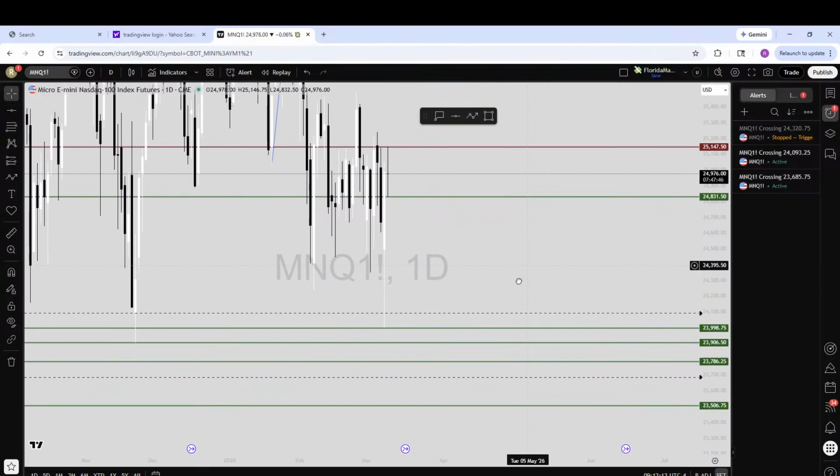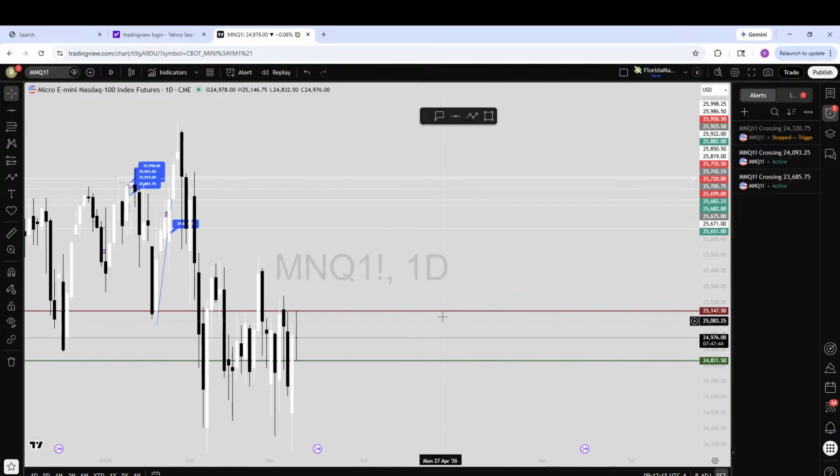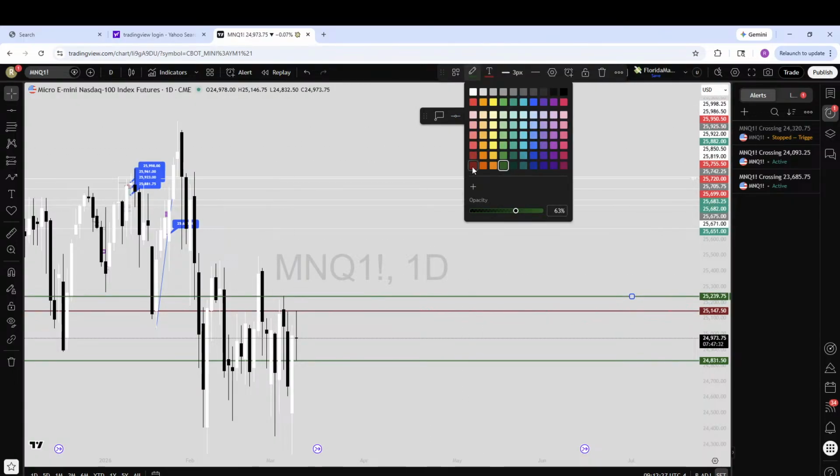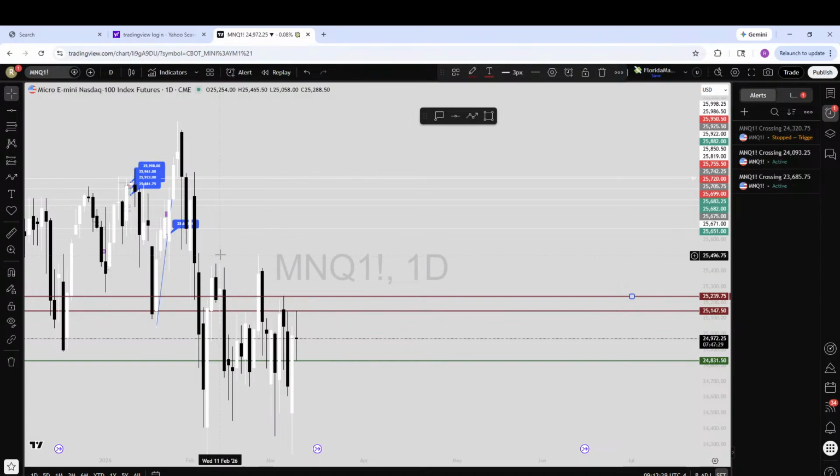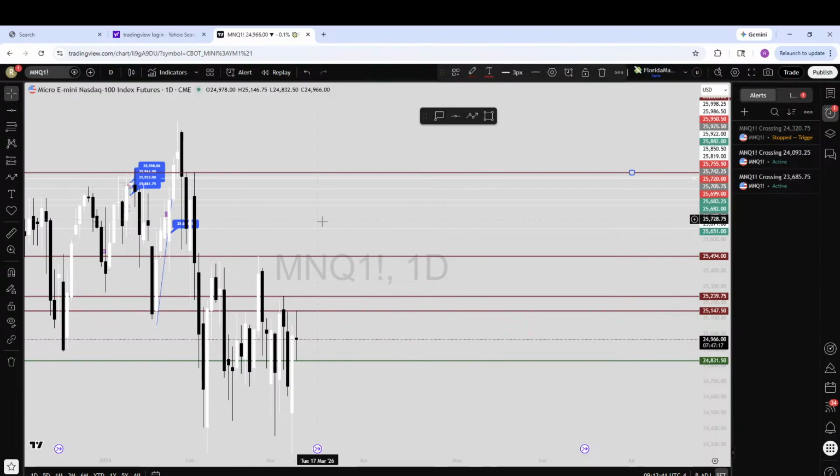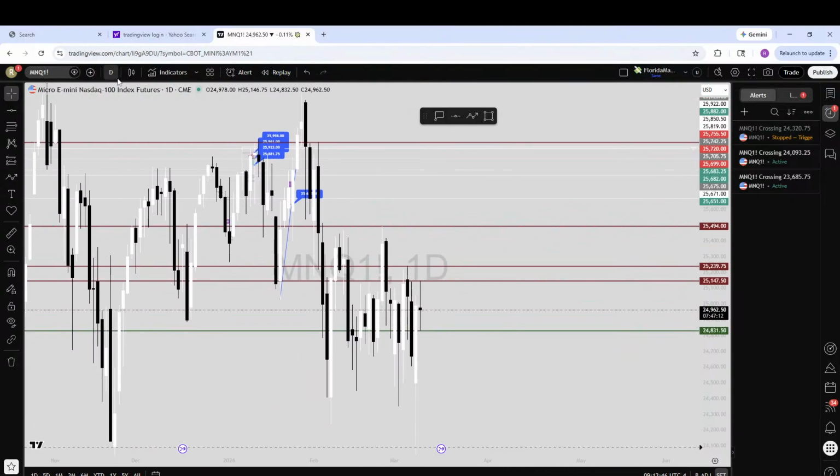Okay, let's look for a previous high, change that to red, another previous high, previous high. All right, let's go to the 1 hour.